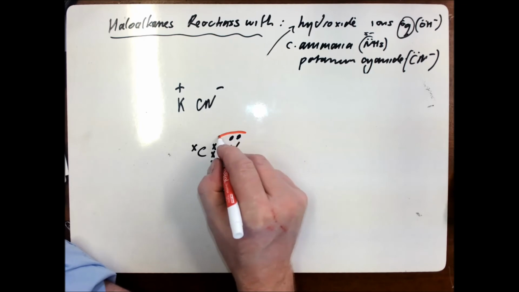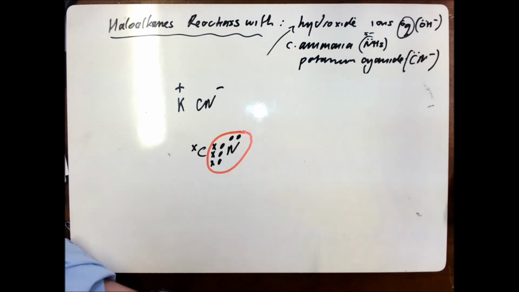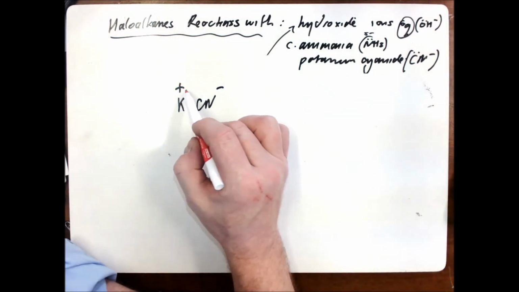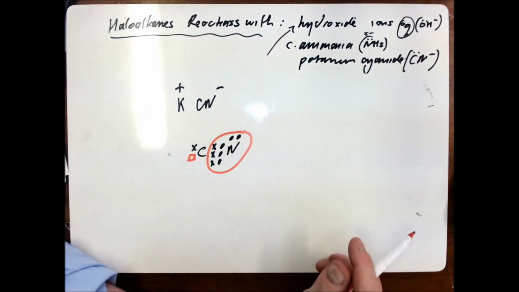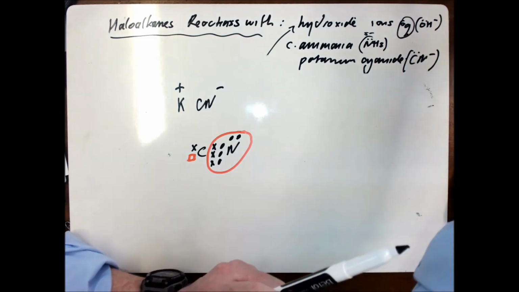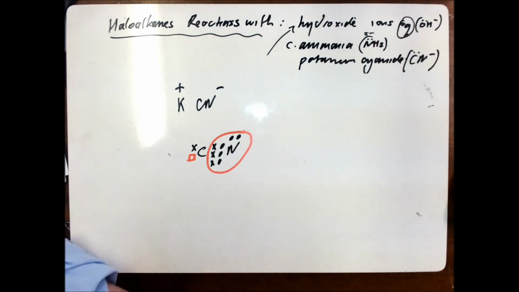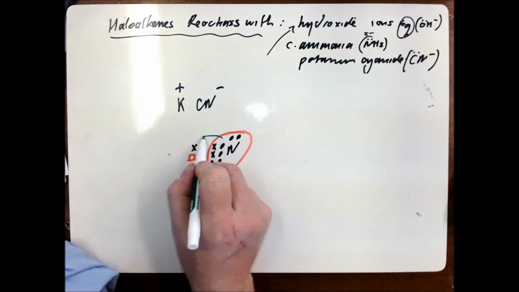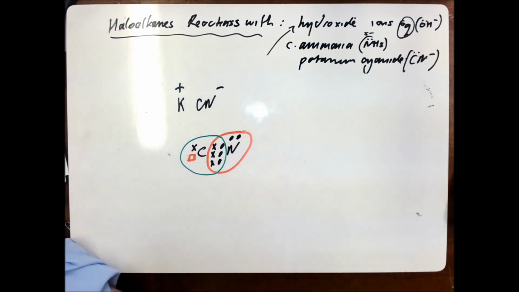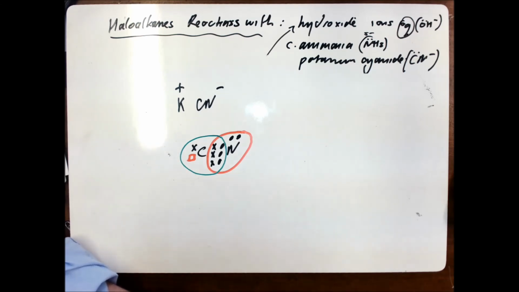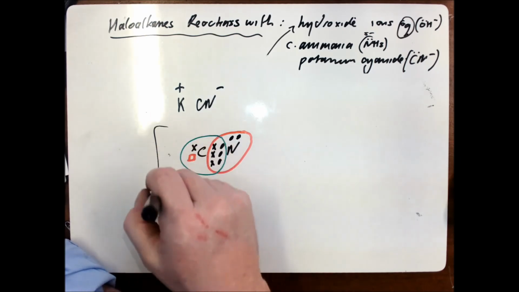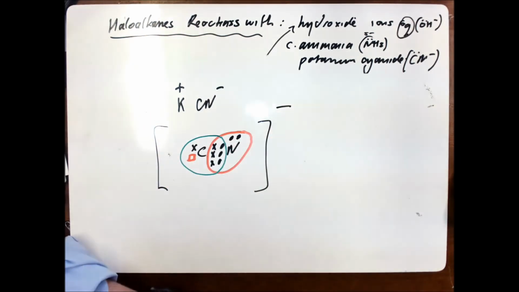So the nitrogen's fine, it has a full outer shell. But remember, the potassium has lost an electron. So the other electron is the one that has been lost by the potassium in this instance. And it's good practice to show that in a different way. So I've shown it just as a little square here, and that's as good a way. The other thing when you finish that off is it should be put in square brackets and a negative charge shown distributed over the entirety of the molecule.